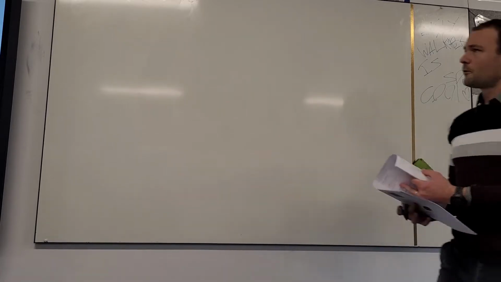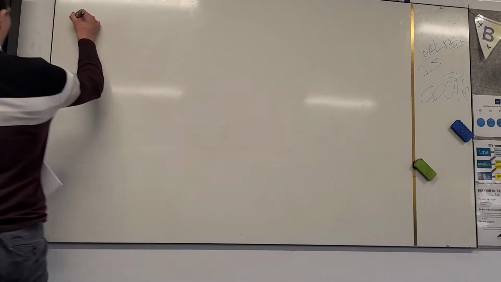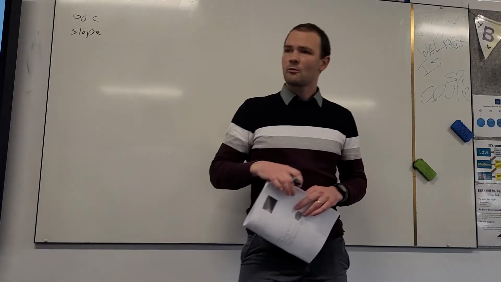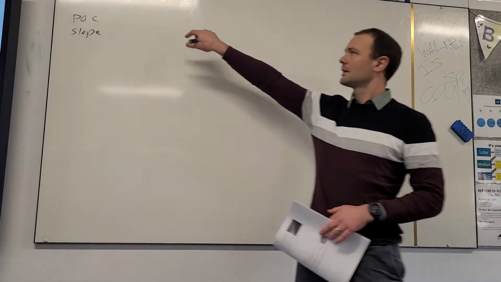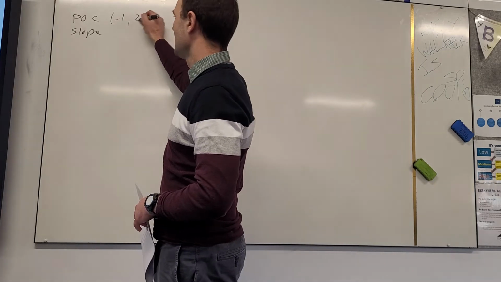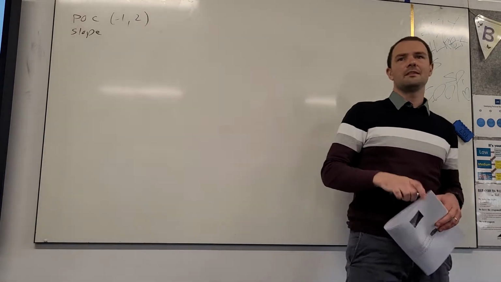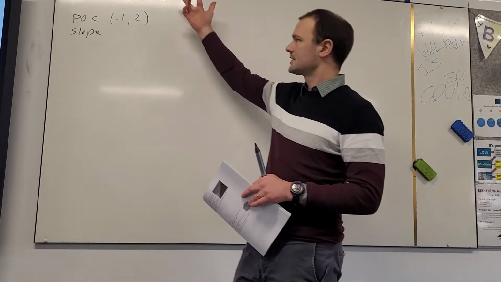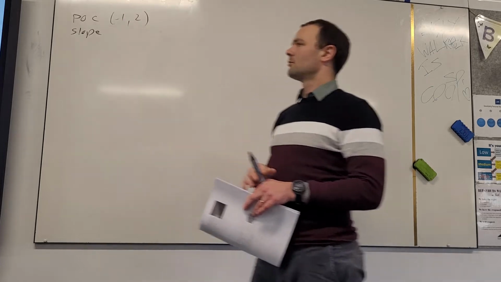For a tangent we need 2 things: a point of contact and the slope. We're already given the point of contact, where the tangent meets the curve. If we're not given it, then we will be given some x value or some y value, which we can substitute into the original equation.